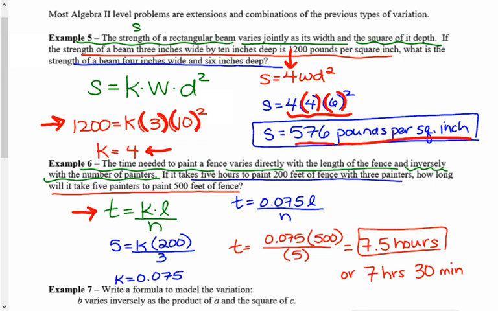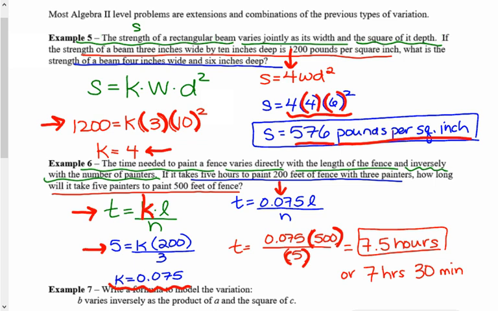We plug in the information we know, and then we solve for K. That gives us K equals 0.075. Then I rewrote my equation with the K plugged in up here, and I plugged in for my new information 505. Typed this into my calculator, I get 7.5 hours.